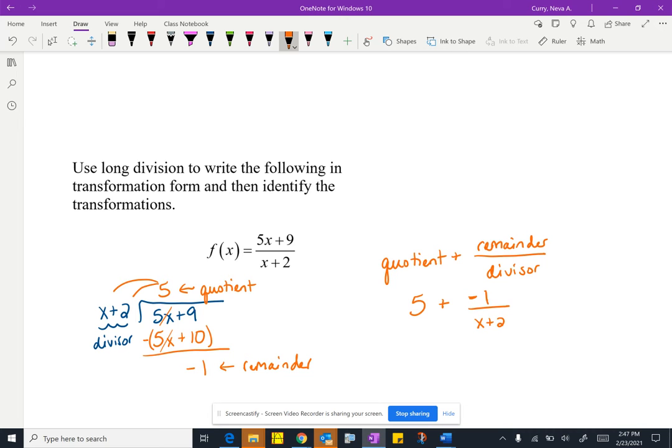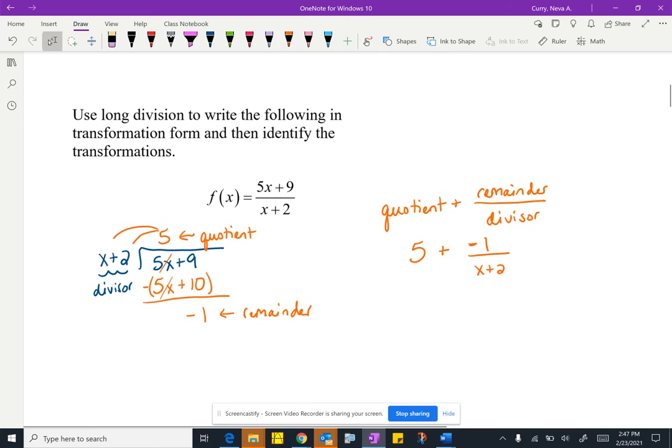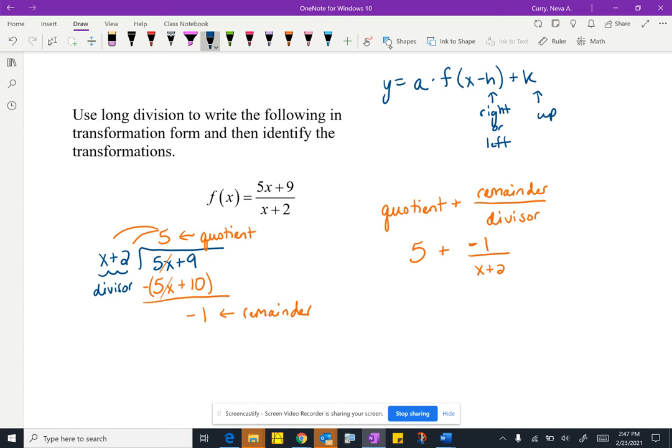But let's just review kind of what transformation form is. Throughout the year, we've started with y equals a times any function of (x minus h) plus k. And we've always thought like, oh yeah, h will move the graph right or left. K will move the graph up or down. And then a does a couple different things.